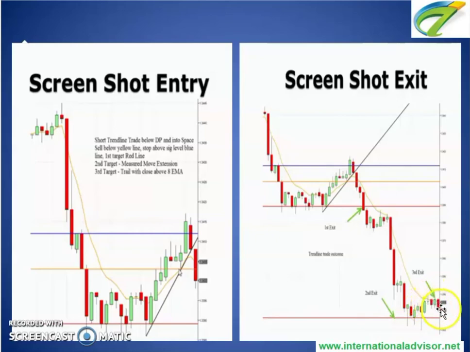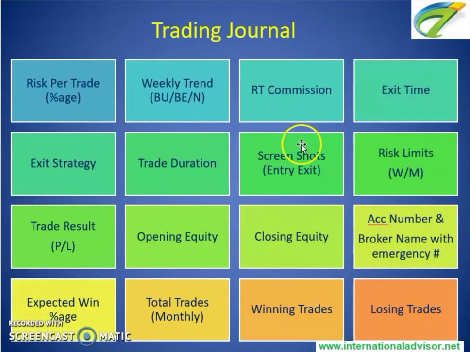If it was going to make a rotation zone again like here, maybe we could have ended up in further profits, but still it's not. So still we ended in reasonable profit. So this is like the trailing stop. So likewise, we must save the screenshots, which are really helpful for the future analysis, and it's a vital part of our trading journal.